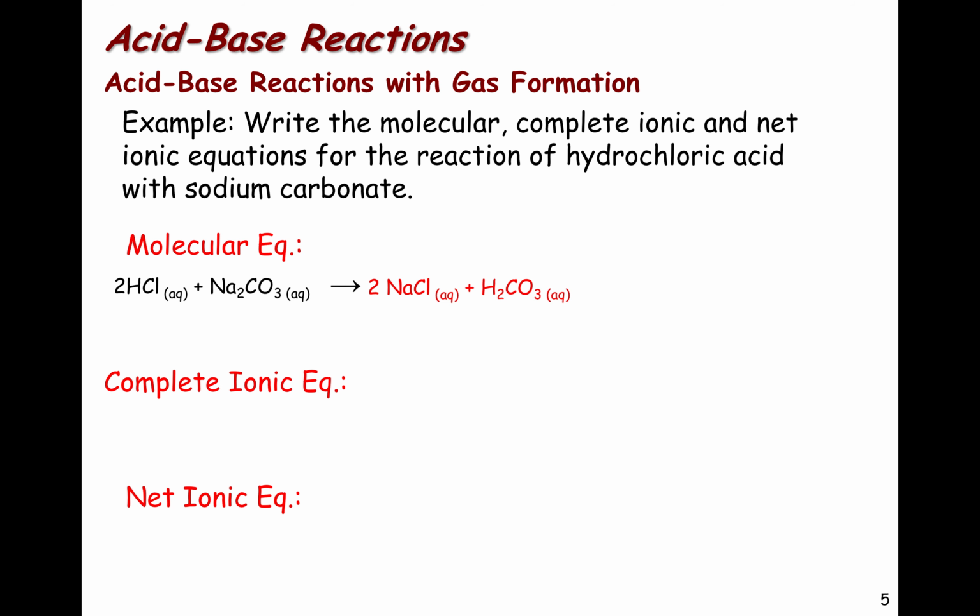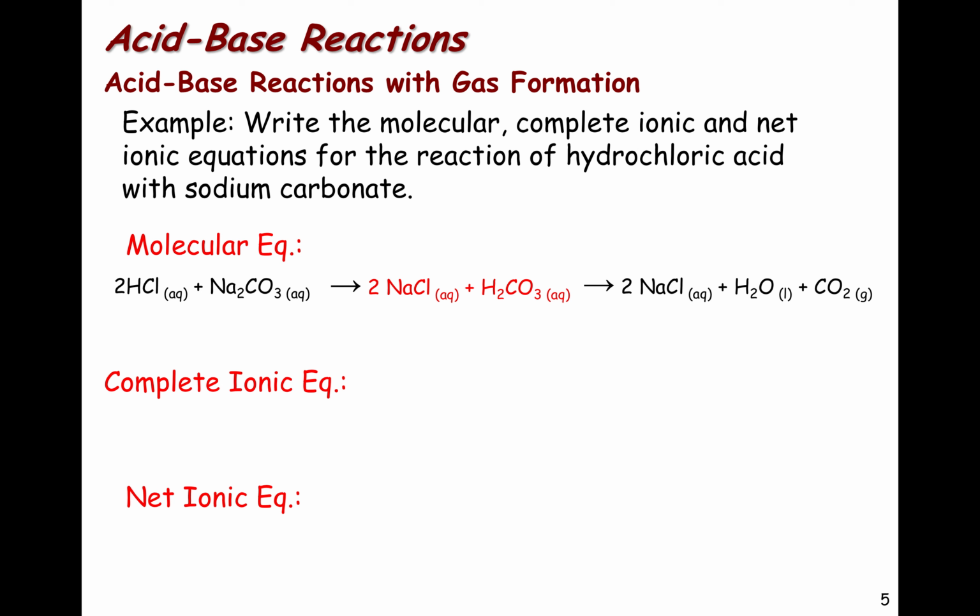The product initially is 2 sodium chlorides plus carbonic acid, but the carbonic acid is not stable, and so that H2CO3 then decomposes further into water and carbon dioxide. So this is our molecular equation.